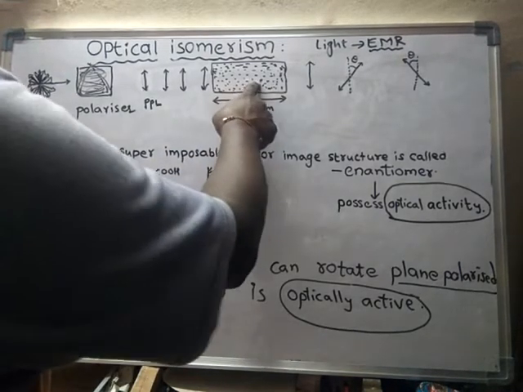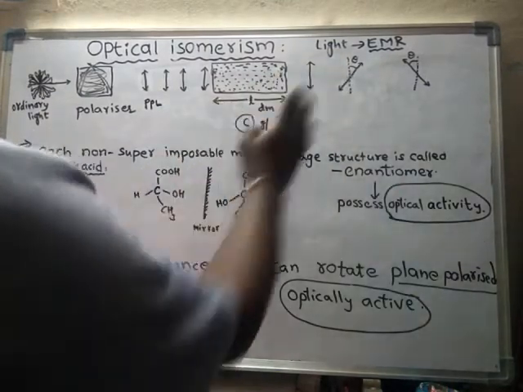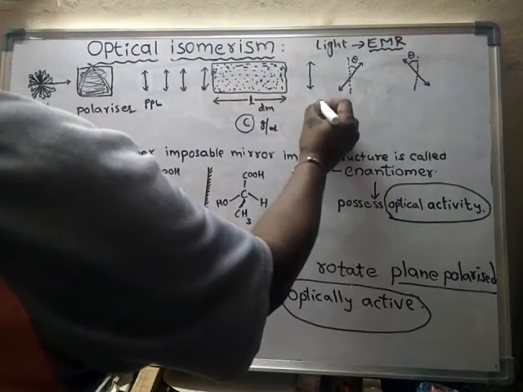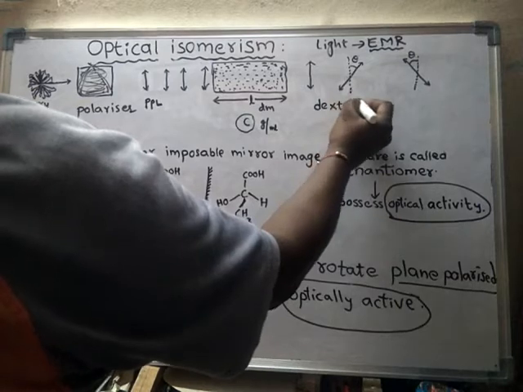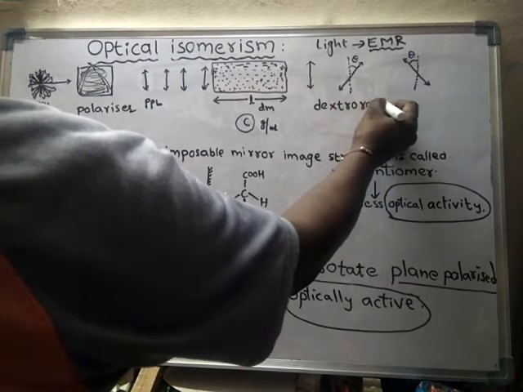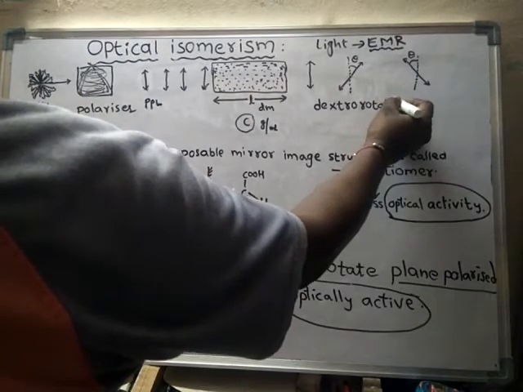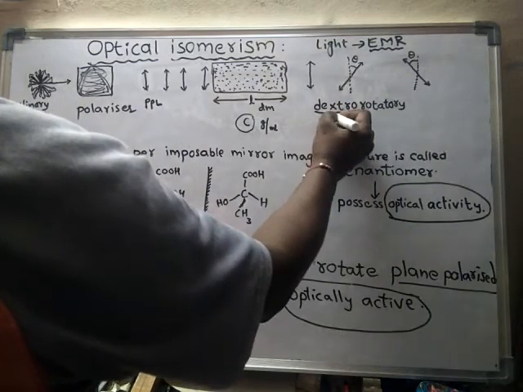Suppose the compound can rotate the plane polarized light towards the right side, then this compound is said to be dextrorotatory. This is important. Dextro means right.